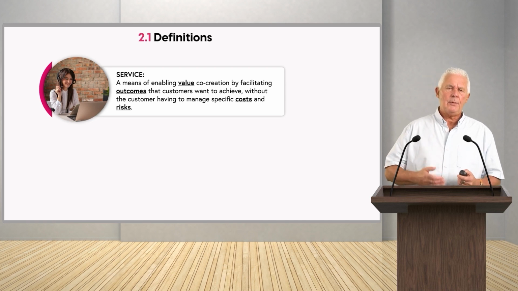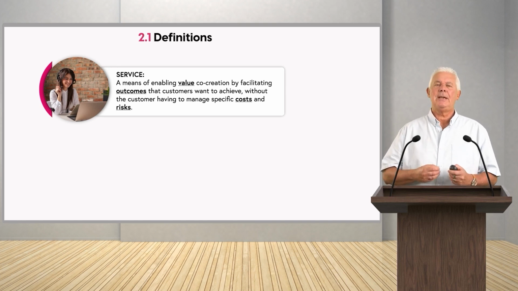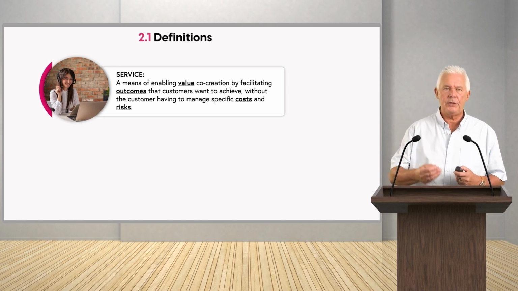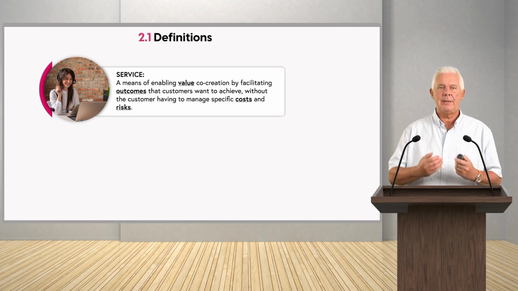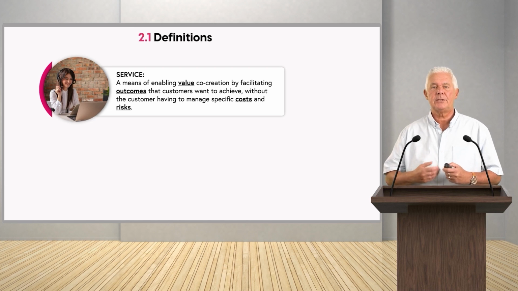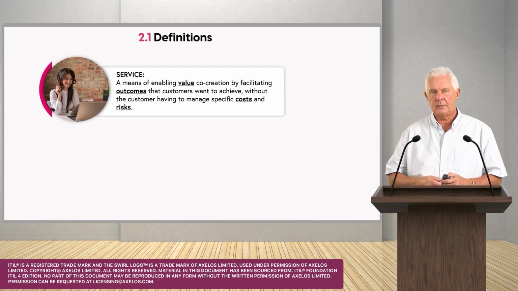And then, without the customer having to manage specific costs and risks. You'll see later that we make a distinction between the costs of provision and the costs of consumption. In this context, the customer is interested in the costs and risks associated with consumption, not in managing the costs and risks associated with the provision of the service.